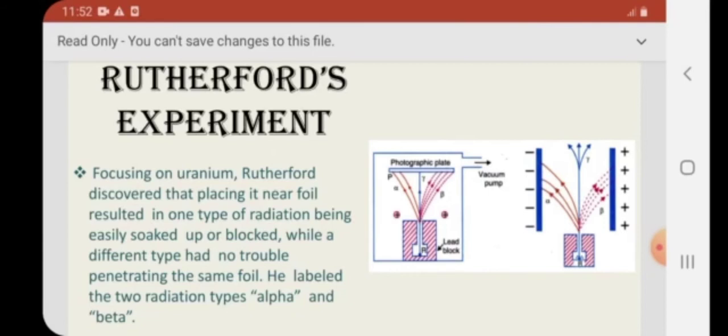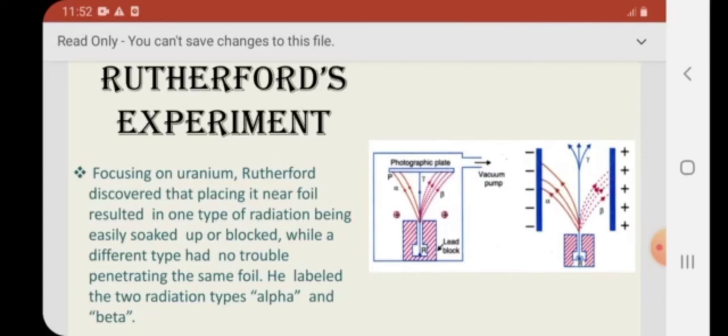This lead block is placed inside an evacuated chamber to avoid absorption of the rays. A photographic plate P is placed at a short distance above the lead block to receive the rays. A strong magnetic field is applied at right angles to the plane of the figure and directed away from the reader. After a fairly long exposure, the photographic plate is developed.